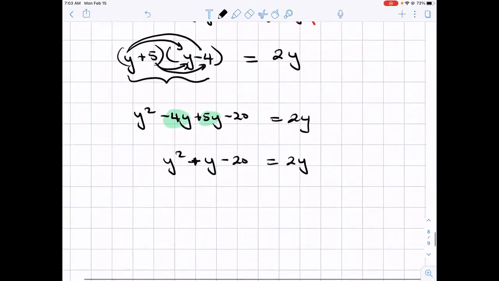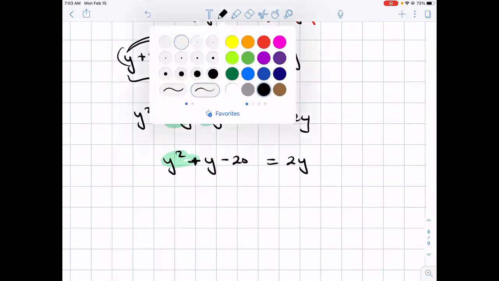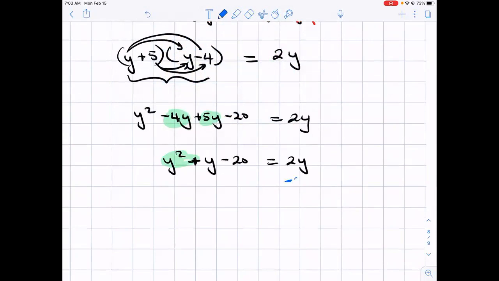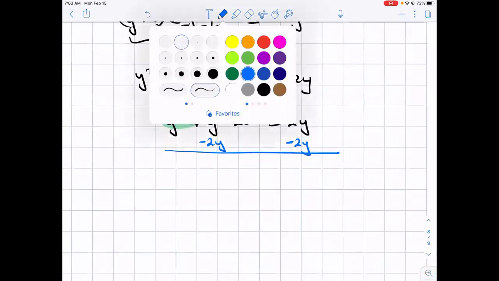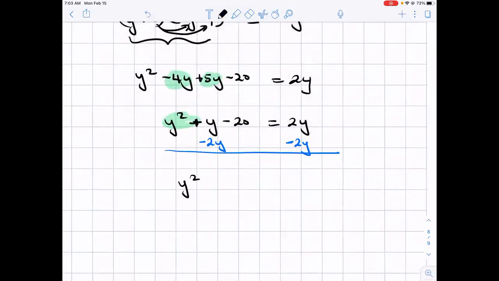Now, because this is quadratic, you have to solve this by setting it equal to 0. So what we have to do is subtract the 2y on both sides. If I do this, I have y squared plus y minus 2y, which is minus y, minus 20, and that is equal to 0.